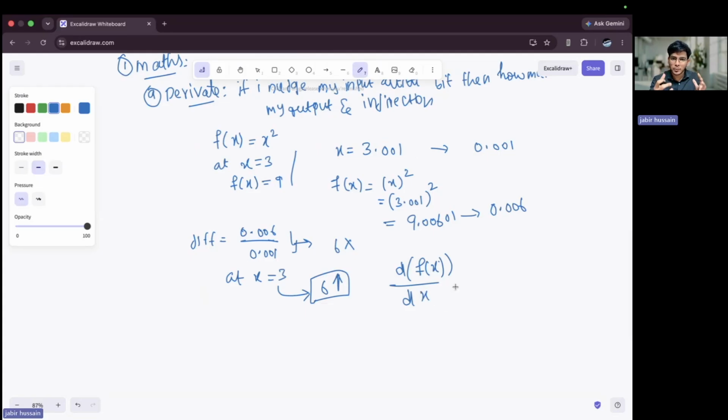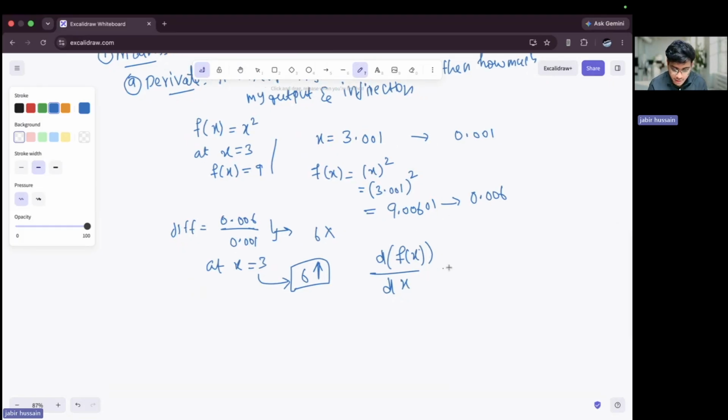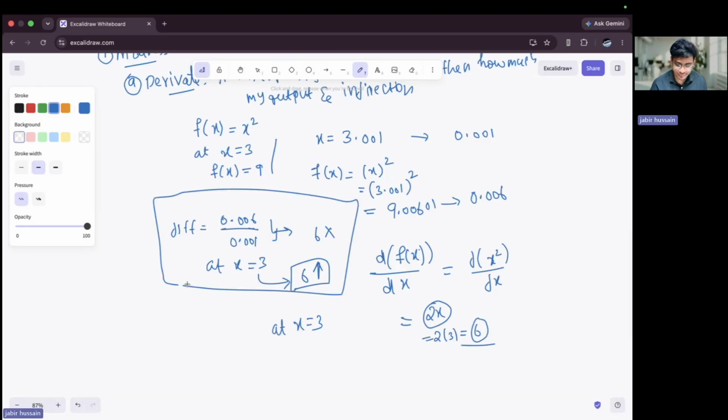How much the output is changing with a little increase in my input, that is differentiation. Here you can write the differentiation of x² with respect to x, and we know the formula: it gives 2x as output. At x = 3, you get 2 times 3, which is exactly 6. Manually we got the same thing, and from differentiation we got the same thing.